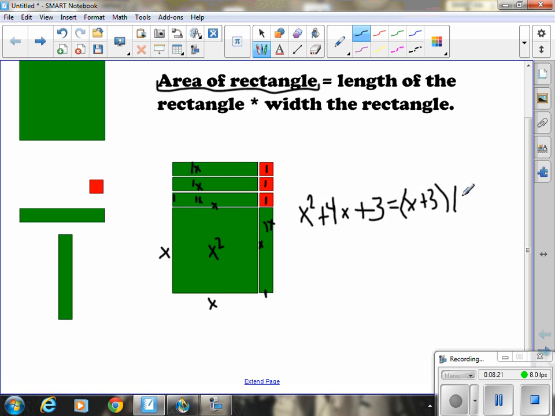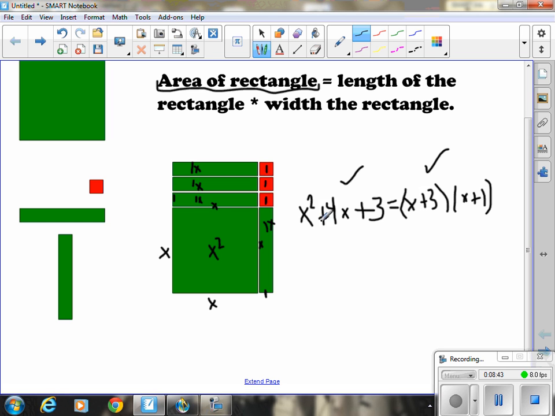So that would be x plus 1. Okay, so in terms of area, we're taking the area on the inside and writing it as a length times width expression, and we know that these must be equal because that's the definition of area.